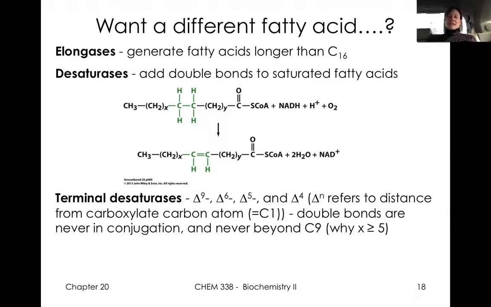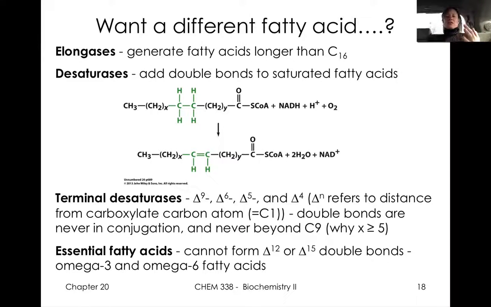Just a couple of things to think about with those desaturases: we're not able to put double bonds at the delta 12 or delta 15 positions. Those are those omega fatty acids, and double bonds are never put in conjugation. So not a lot of details we need to know from that, just some big picture things to remember.